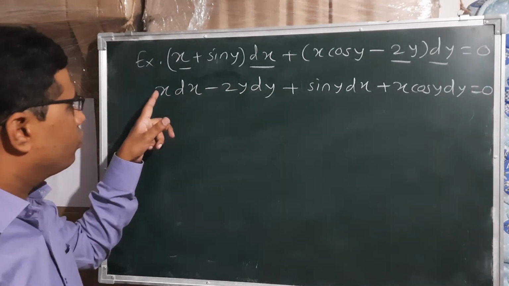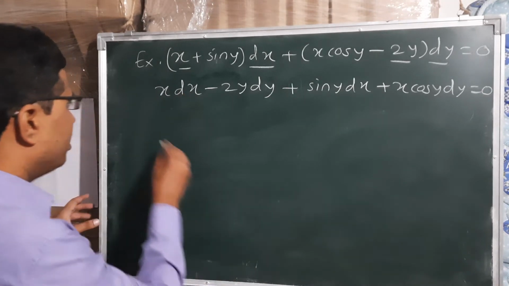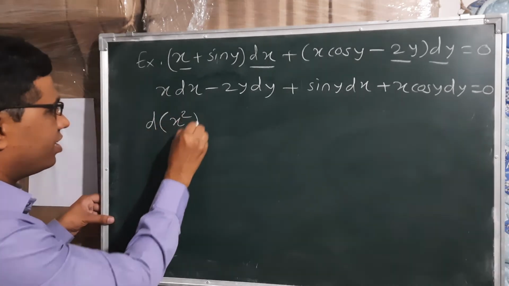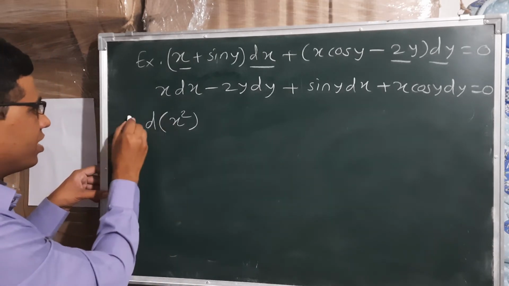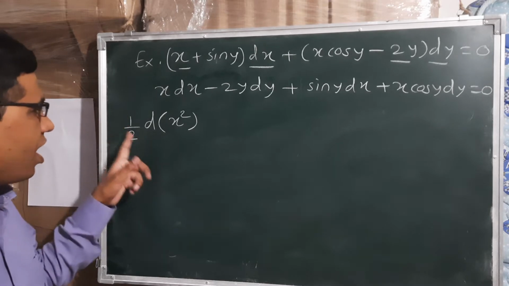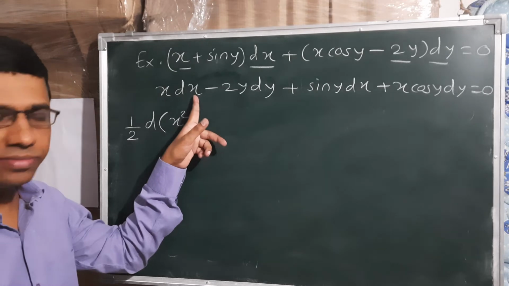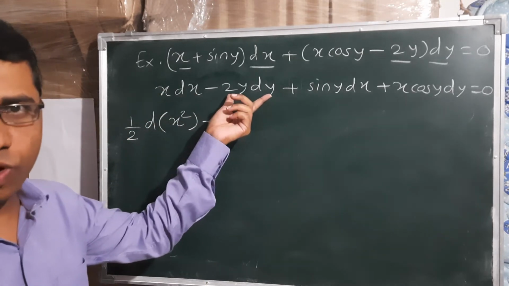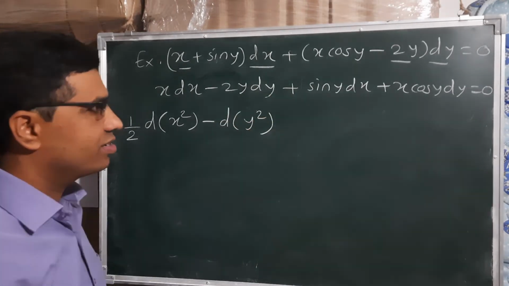So what is x dx? If we find the derivative of x square, it is 2x dx. 2 is not there, so we multiply and divide by 2. So 1/2 d of x square is nothing but x dx, and minus 2y dy is the derivative of y square, so d of y square.